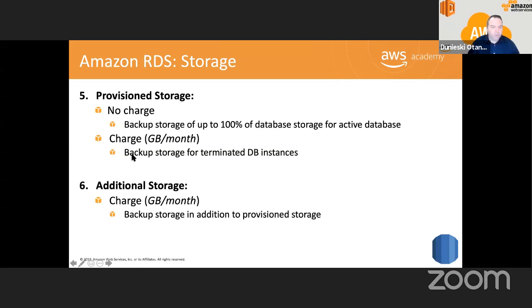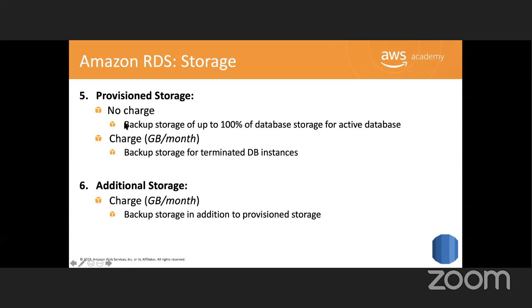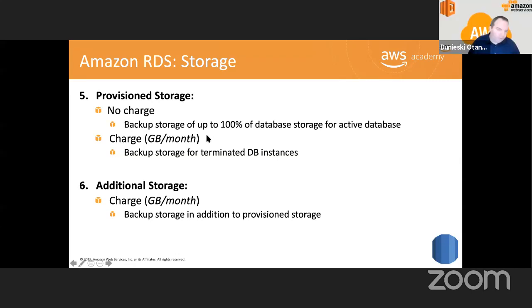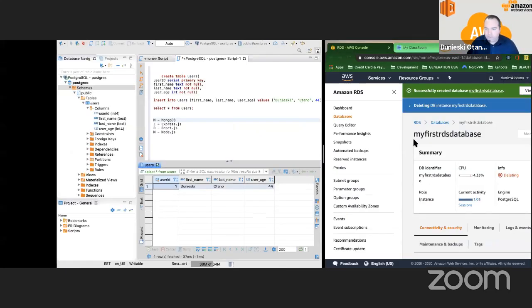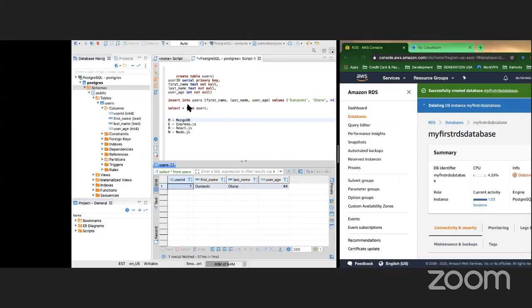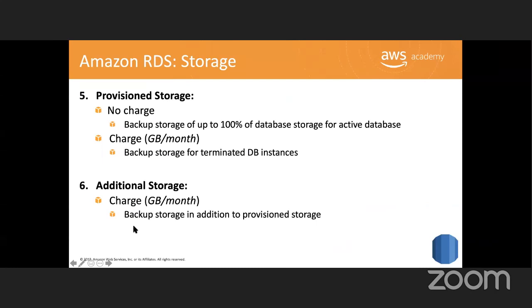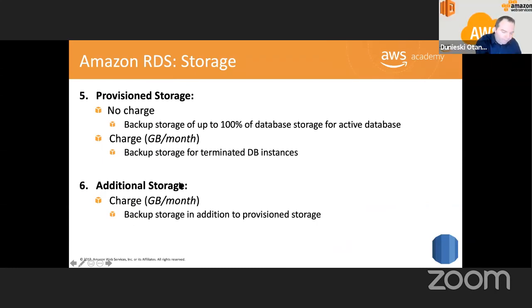So two things you're charged for: additional storage and backups of terminated instances. If you want the storage backed up, you have the choice, as you saw here. Okay, guys, let's have a 10 minute break. I'll see you back at 10:44.